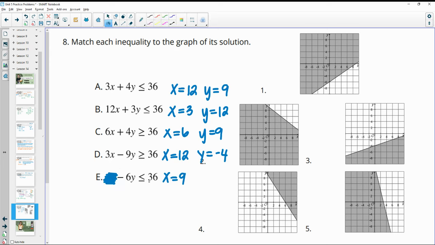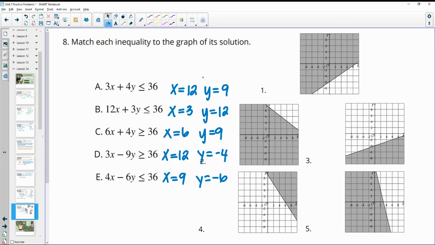Divide by -6 and we get Y equals -6. So none of these share the same intercepts. They have some similarities, right? Like 2 of them cross X at 12, but then the Y's are different. So all of these have unique intercepts. So we're going to be able to just match up the intercepts, and that'll get us the functions.